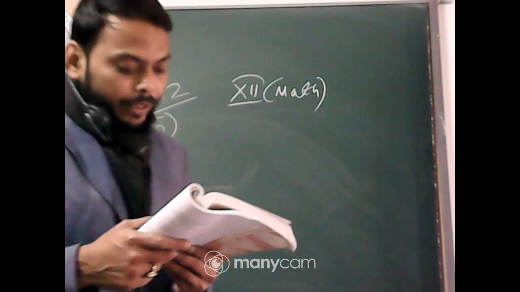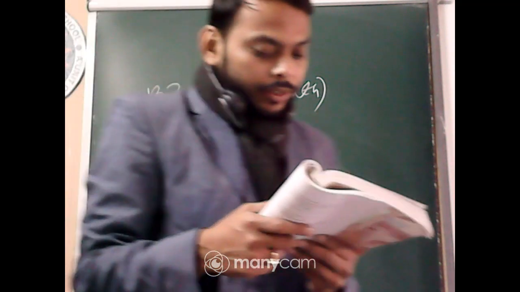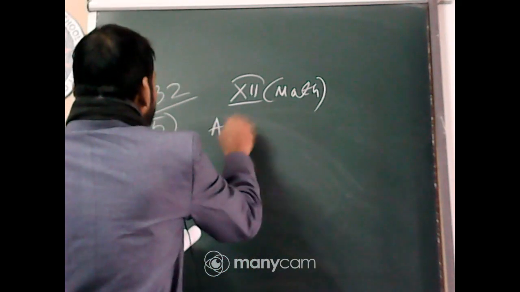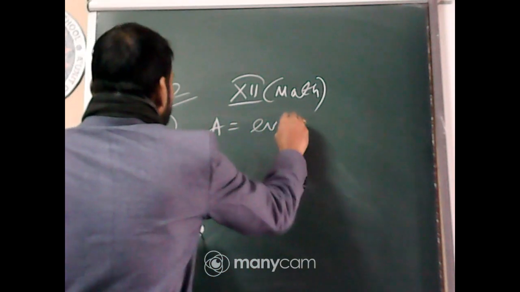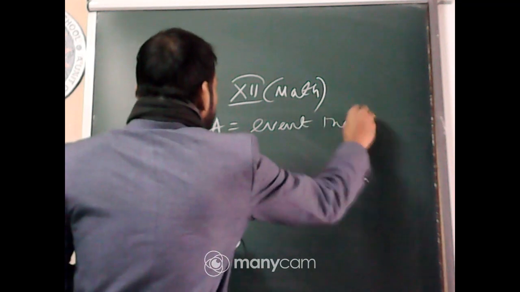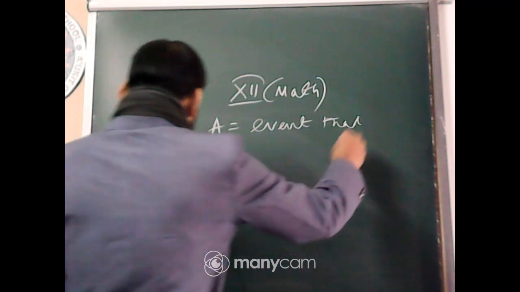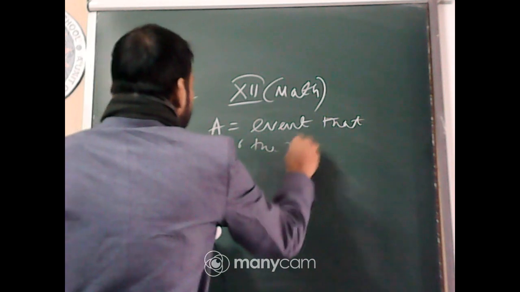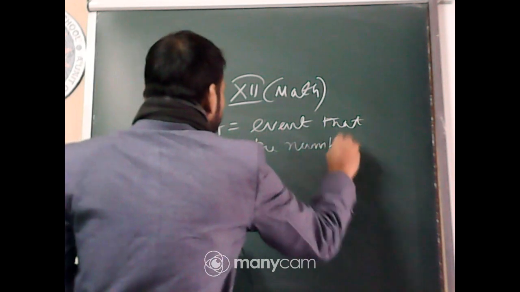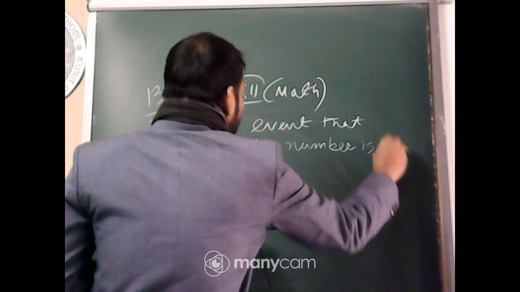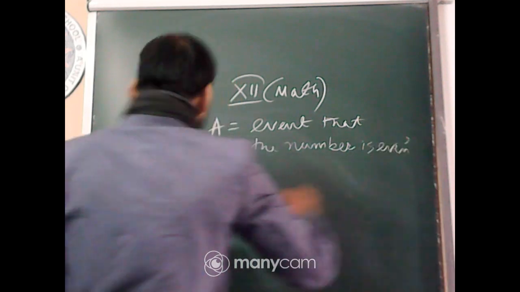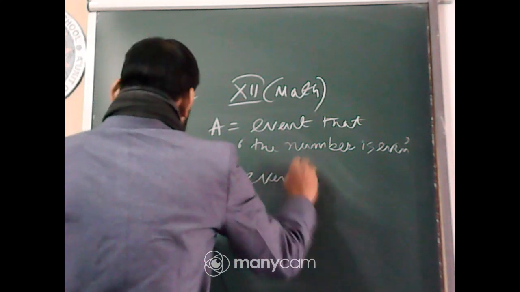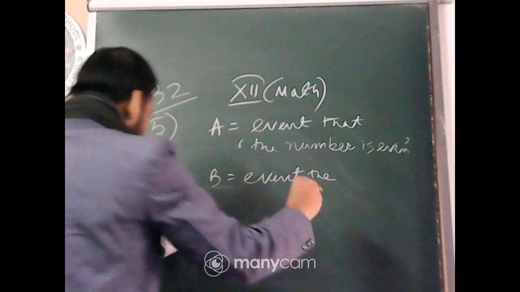Let A be the event that the number is even, and B be the event that the number is red.